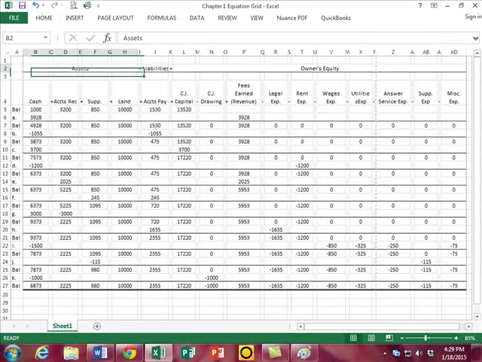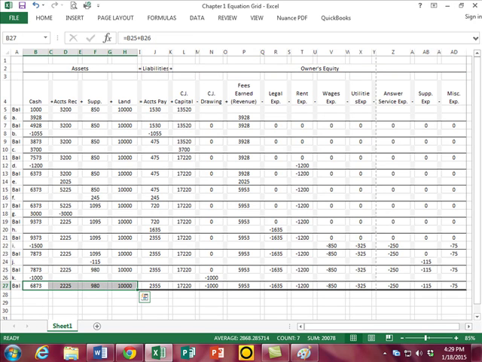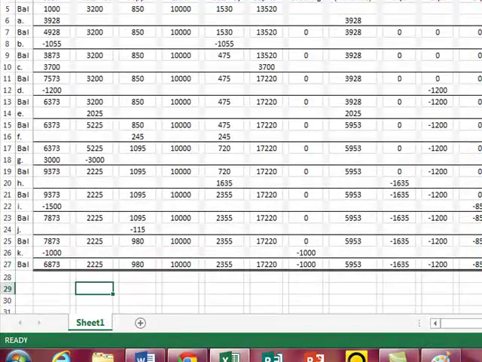So now my assets equal my liabilities plus my owner's equity. We take the total of assets, and I'm going to do this right here for demonstration. My total assets equal cash plus my accounts receivable plus my supplies plus my land.